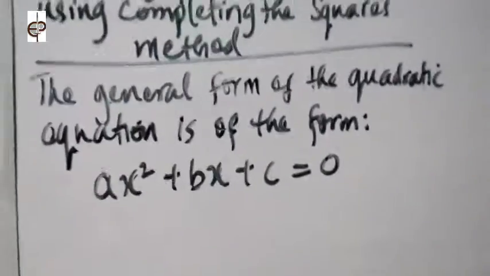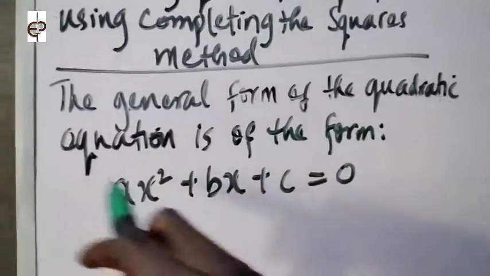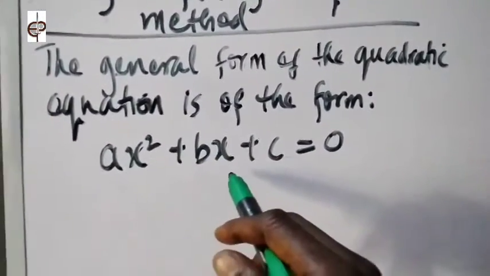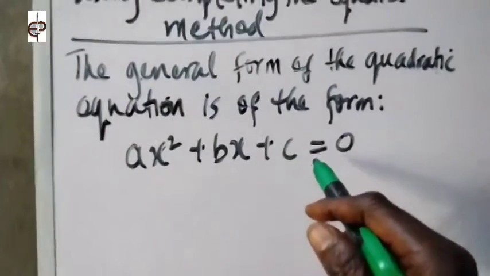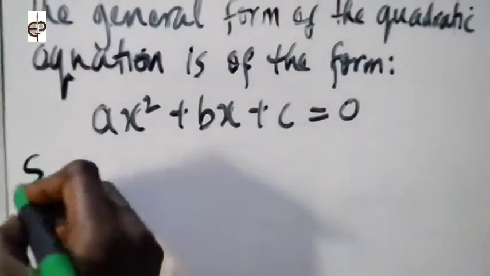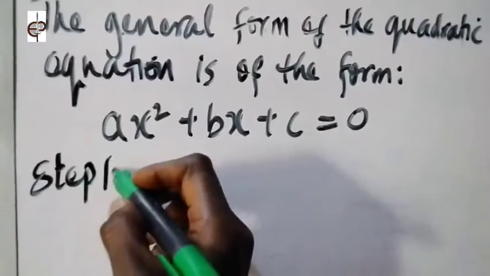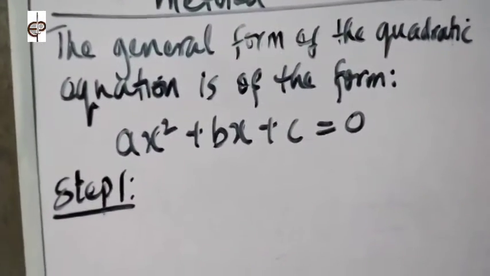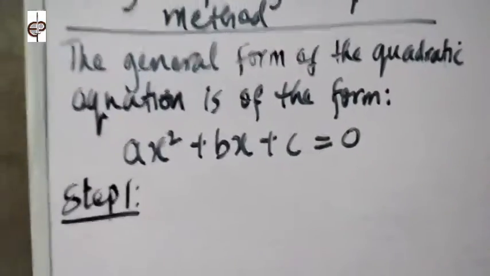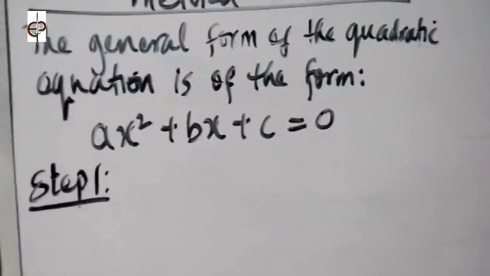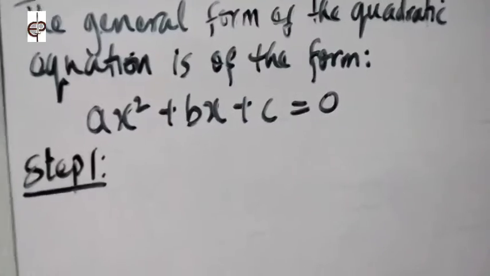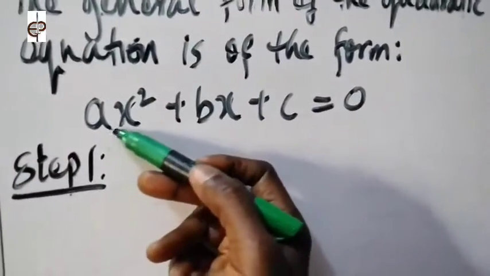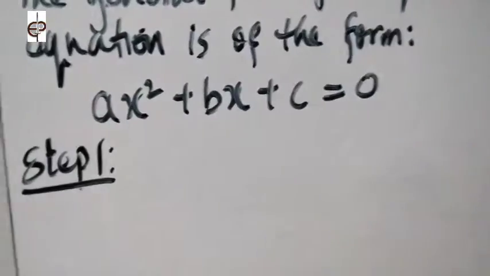Now, the general form of the quadratic equation is ax squared plus bx plus c equal to 0. So, step number 1 to solving a quadratic equation using the completing the square method: the first step is to make sure that the coefficient of x squared becomes 1.